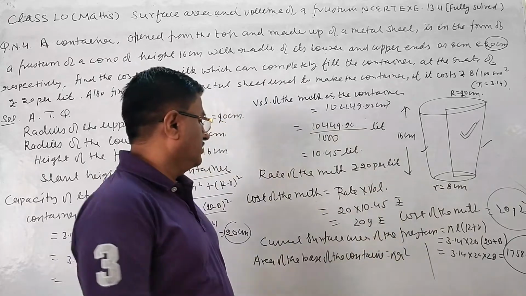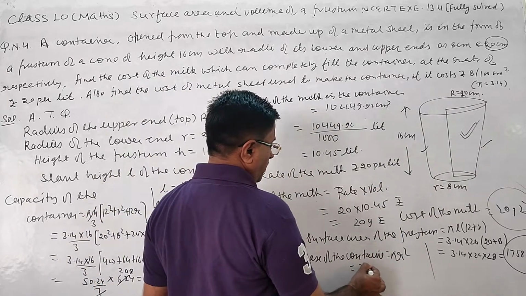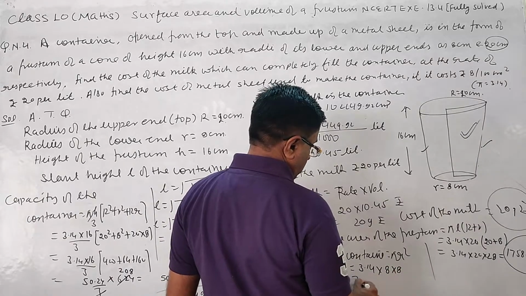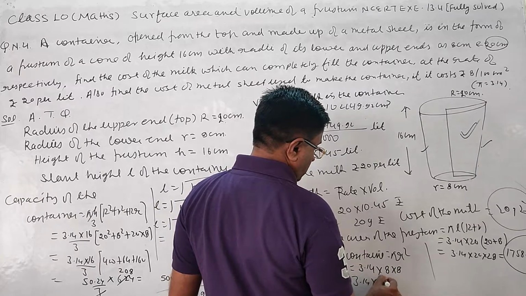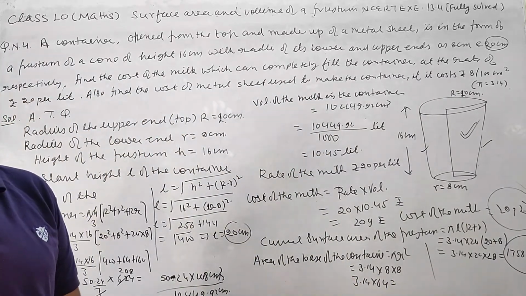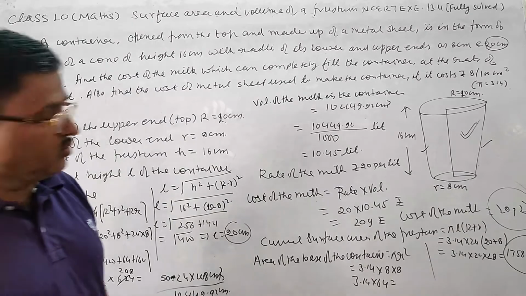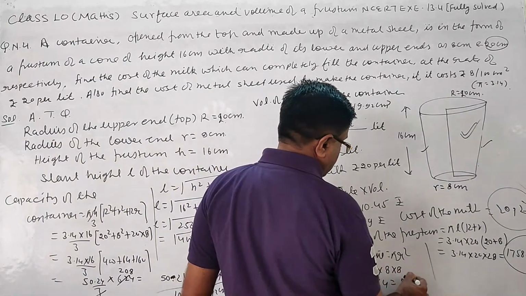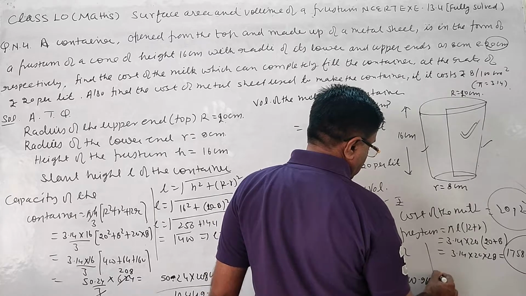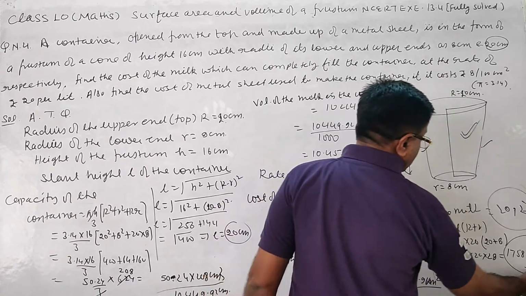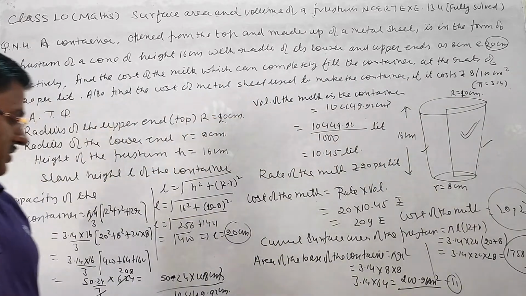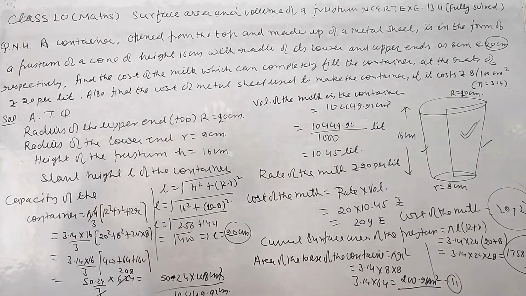Put the value: 3.14 into 8 square, that is 3.14 into 64, which is about 200.96 centimeter square. Now these two areas we have to add, the curved surface area plus this, and that will give you the total.